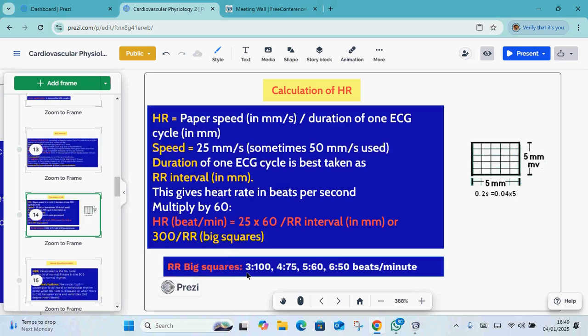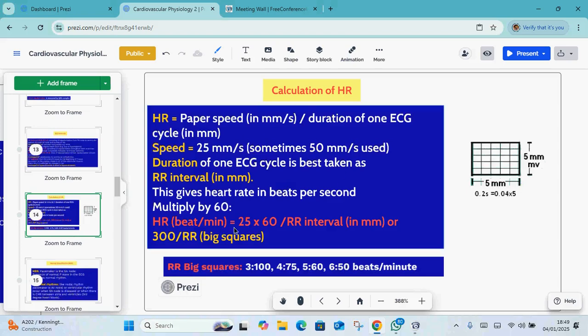If you have 3 big squares, 300 over 3, the heart rate is 100. If you have 4 big squares, 300 over 4, the heart rate is 75. If you have 5 big squares, the heart rate is 300 divided by 5, 60. If you have 6 big squares, the heart rate is 50.